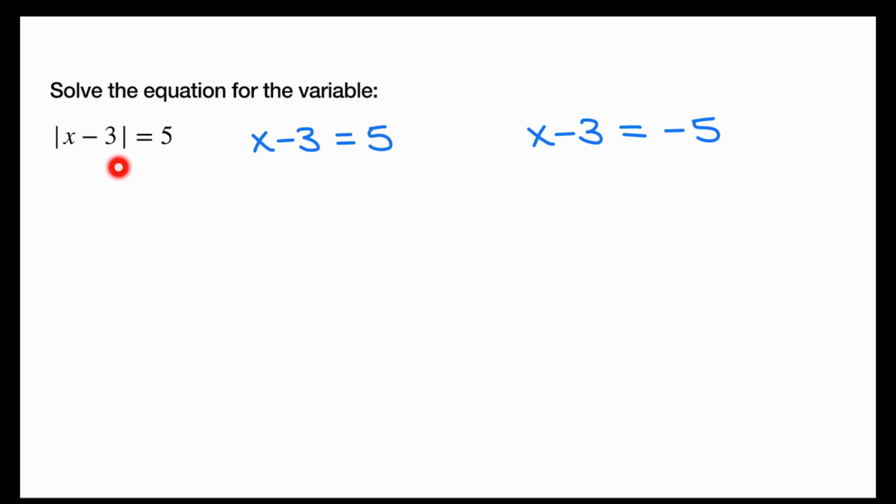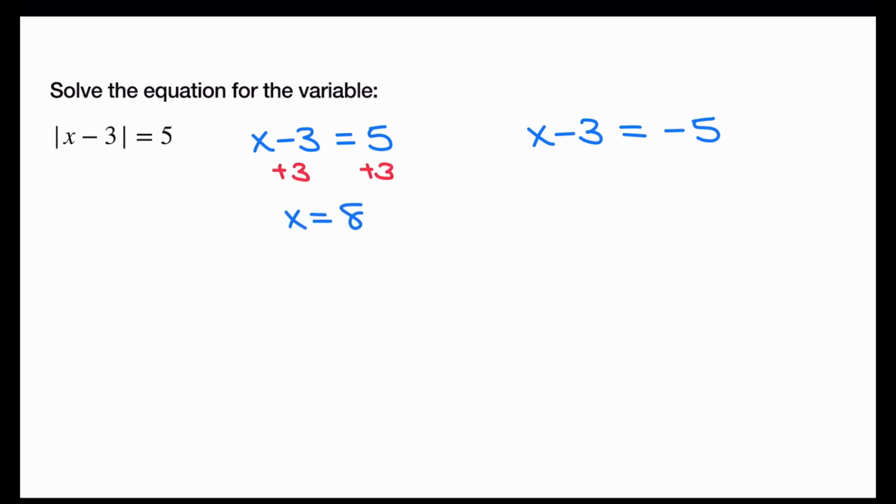So we can say the x minus 3, the thing inside the absolute value, could equal 5, or x minus 3 could equal negative 5. So again, if we have absolute value equals a positive number, we can break it into two equations. The thing inside the absolute value could equal positive or the negative number. And then these are two different equations that we can solve.